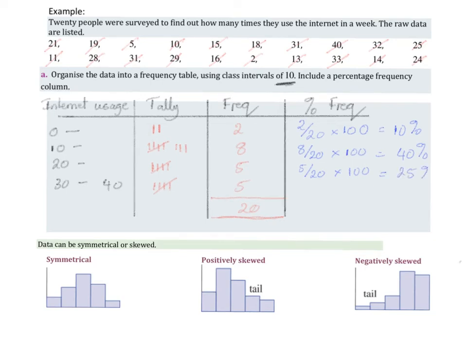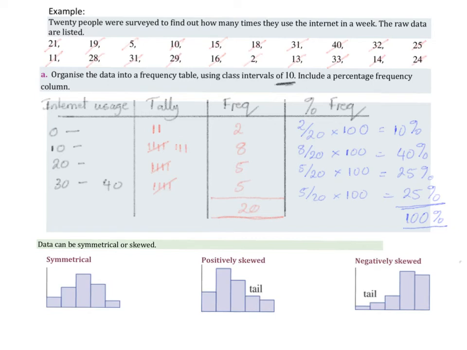And of course the next one must be exactly the same, because 5 out of 20 times 100 is 25%, and our total for percentages should add up to 100%, which it does. So there is our frequency table with a percentage frequency column added on, and we are using class intervals here because we have so much data.